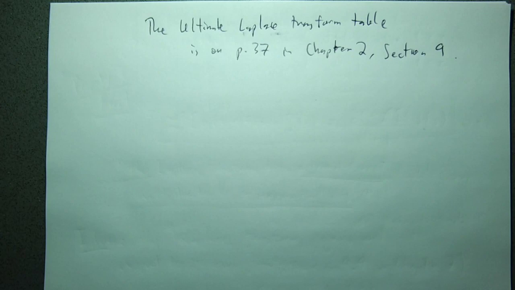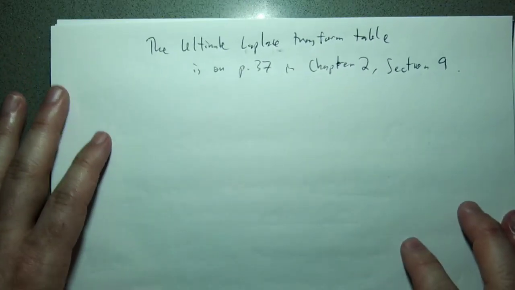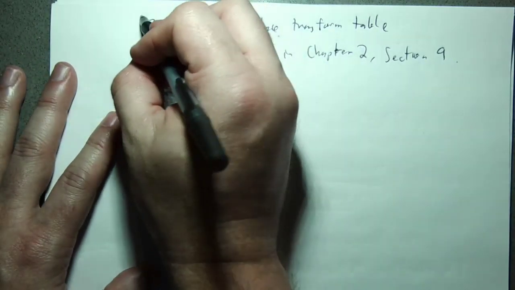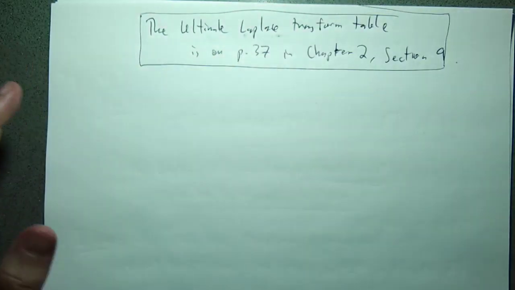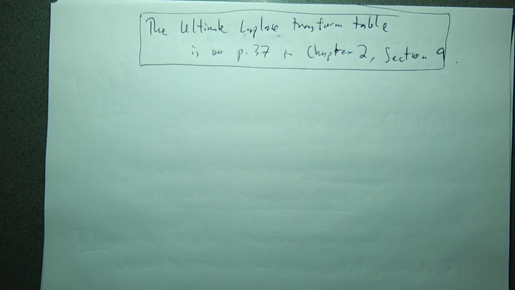Okay, so it's page 37, chapter 2, section 9. This is the ultimate Laplace transform table. It's the only one you need for any problem that you do in the book, or on an exam or anything.